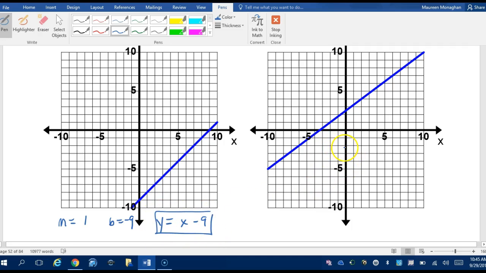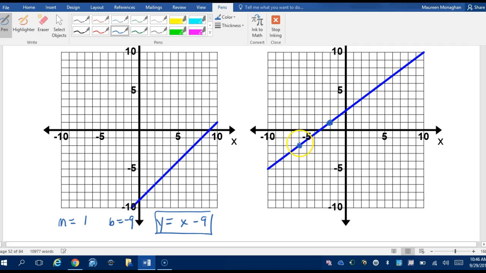This one's a little more challenging because you have to find the points. This is one of the points here. And where was that other one? This is another one.